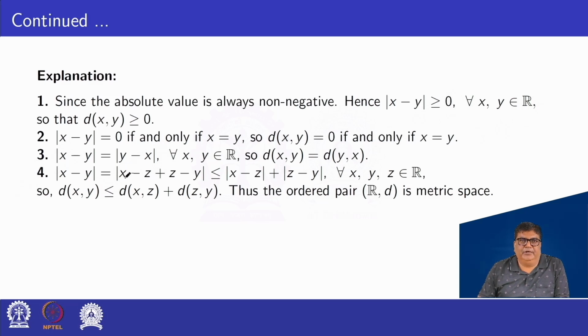Using that property, we can write |x − z| + |z − y| for all x, y, z belonging to R. Therefore, |x − z|, as per the definition, we can write d(x,z), and |z − y| can be written as d(z,y). Thus, the ordered pair (R, d) is a metric space. Clear?